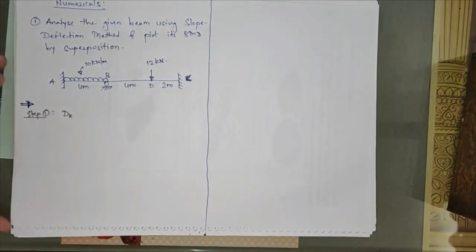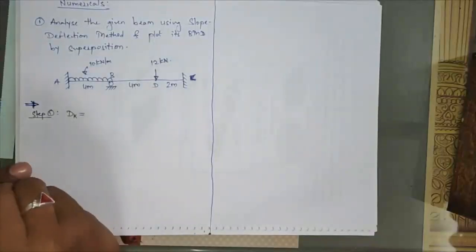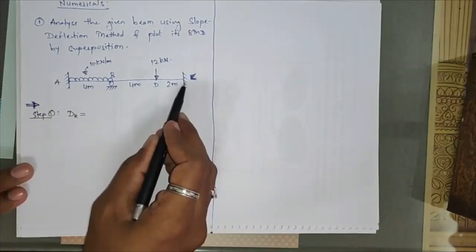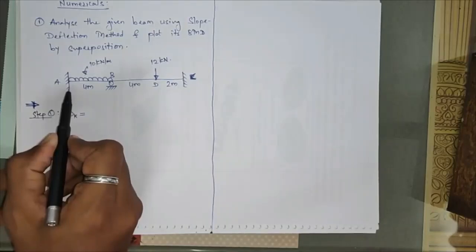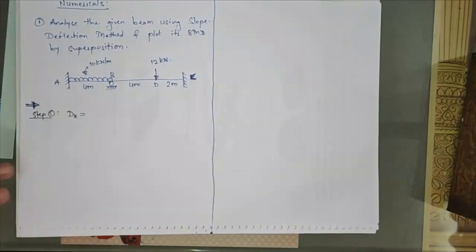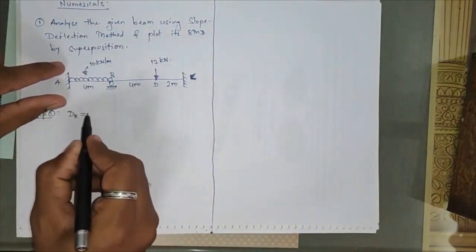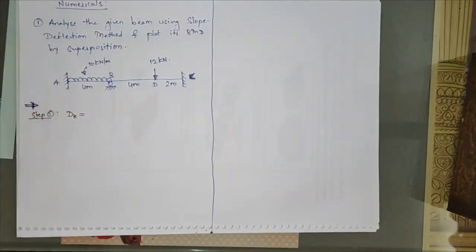The DKI value will be seen at every support, that is at support A, support B and support C. Support A is completely fixed. At a fixed support, your theta value and delta value, that is your rotation and your translational displacement, will be 0.